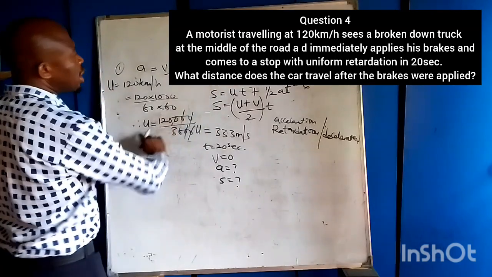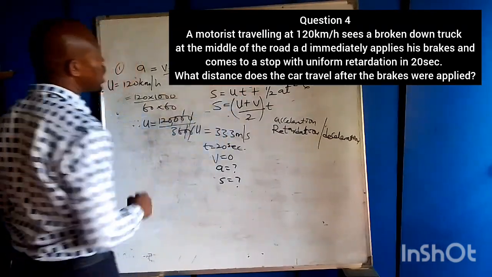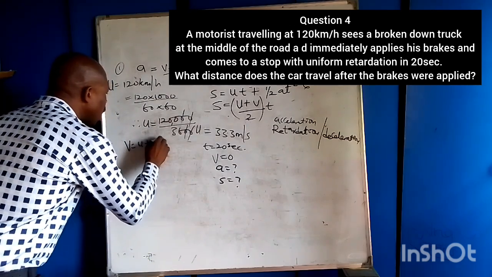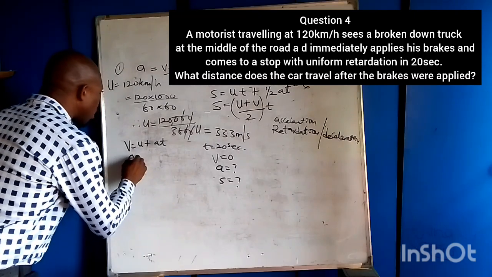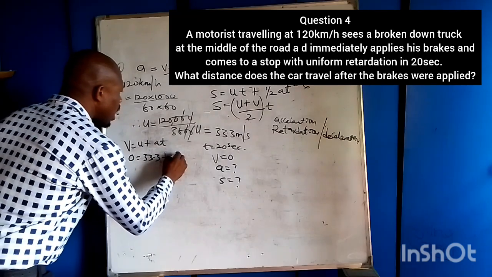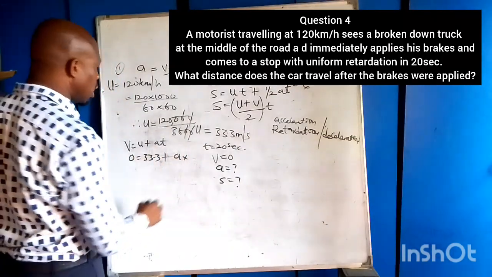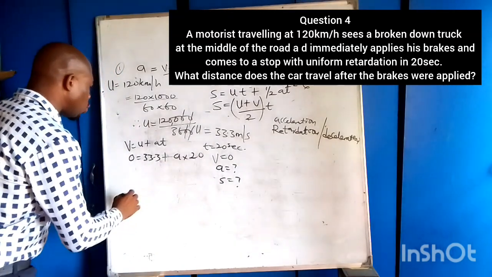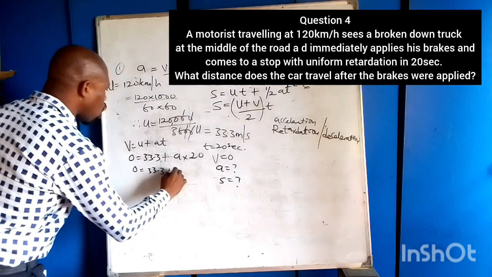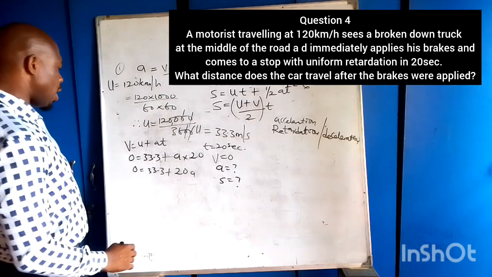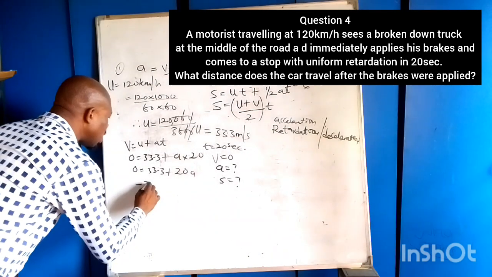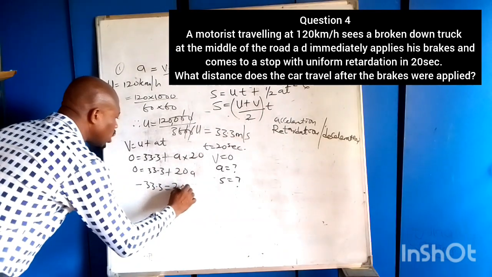The only equation that will satisfy that is this one, V is equal to U plus AT. So 0 is equal to 33.3 plus A times T. T is 20, which will now give us 0 is equal to 33.3 plus 20A. Now, we move this to this side to become minus 33.3 is equal to 20A.